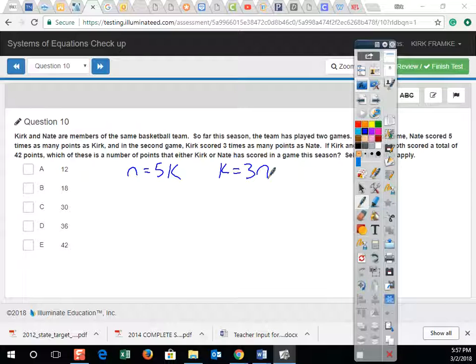All right, and we know that we scored a total of 42 points, which means that n minus 5k is equal to 42, and I know that k minus 3n is also equal to 42.